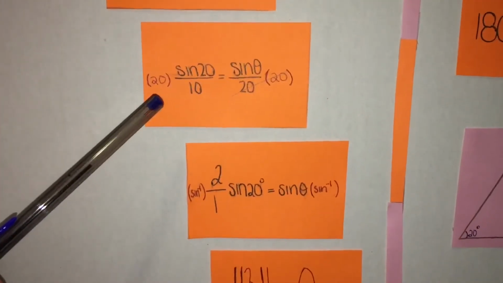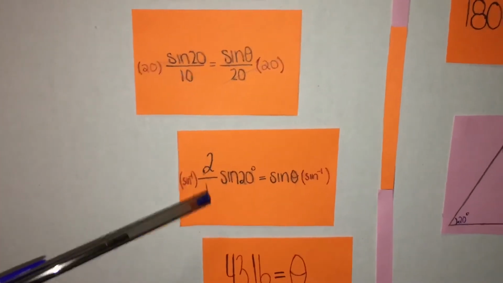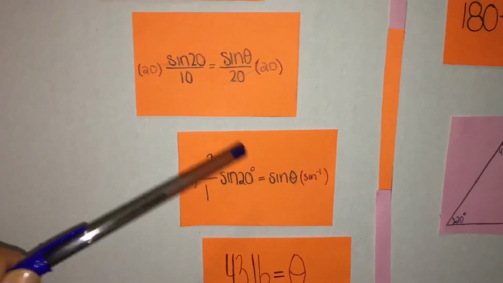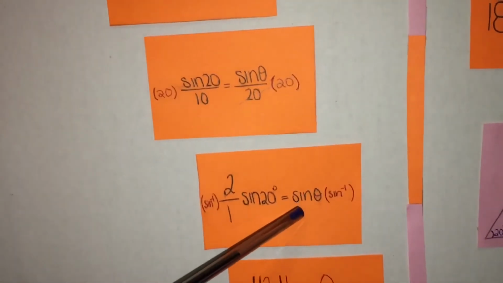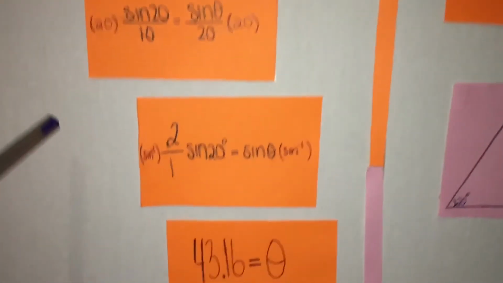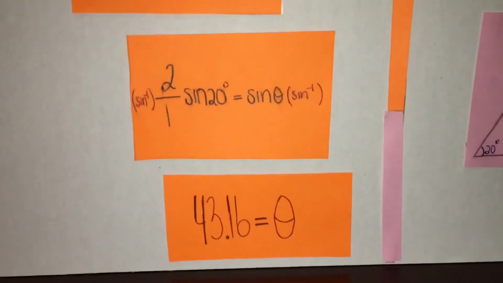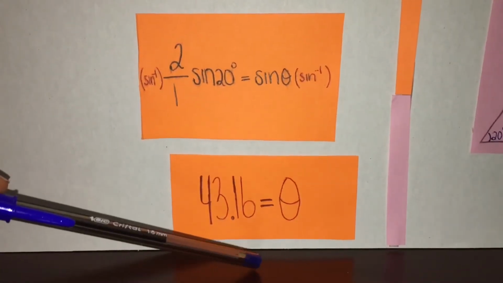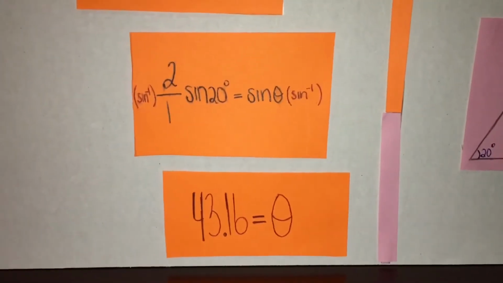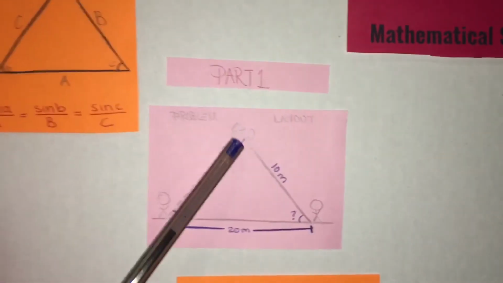When we multiply both sides by 20, we get 2 over 1 times sine 20 equals sine theta. Now, to get rid of the sine here, we apply the inverse sine to both sides. When we do that, we get 43.16 equals theta, which is the angle right here.